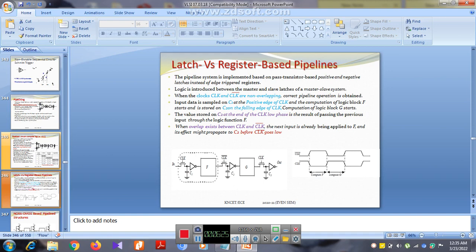If it is not overlapping, the correct pipeline operation is obtained. So this is the main concept of pipelining: first, how to compute the log modulus of A plus B, and next, how the master-slave operation performs the pipelining here. Thank you.